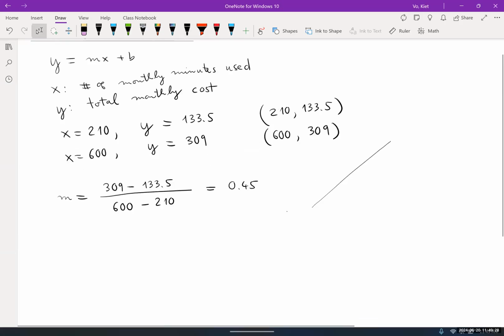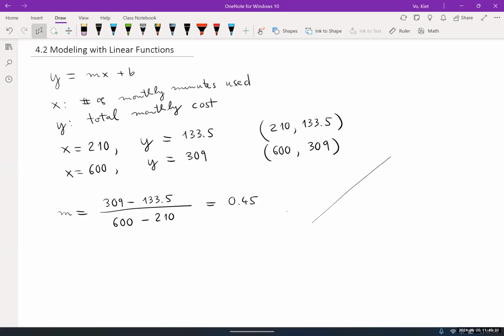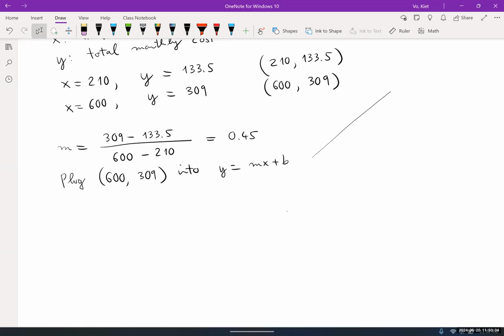Once we get the slope, we can use the equation y equal to mx plus b to help us write the equation. I can plug in m and then plug in either of the 2 points for x and y. I want to use the one without the decimal points, so I'm going to use the second point. Plug 600 comma 309 into y equal to mx plus b, and of course plug in 0.45 as well.